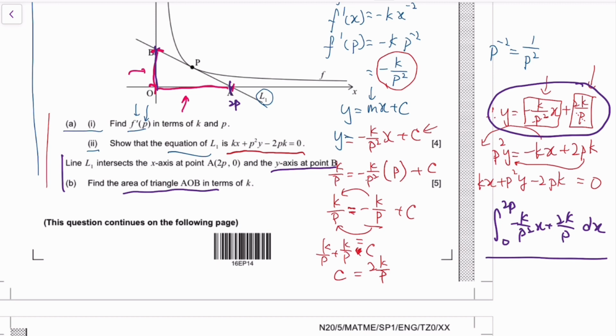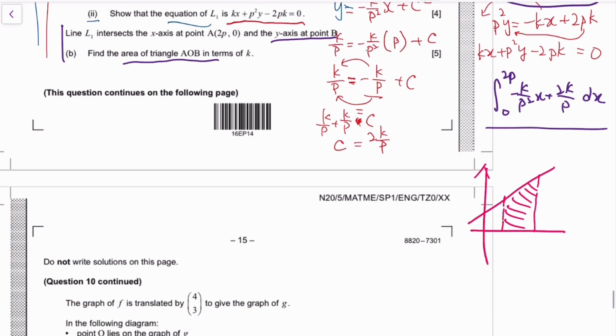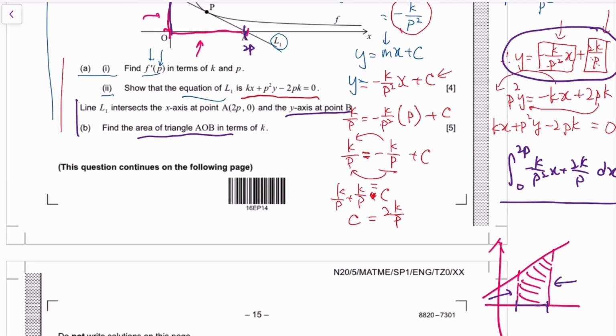Okay, so keep in mind that I personally think IB also prefers base times height divided by 2 whenever it is just a triangle, or sometimes if it's a trapezium. So you can imagine if you have a line like this and you find the area in between like this, then this is just a trapezium. Then it is also preferred to do upper base plus lower base times height divided by 2. Okay, that's my personal opinion.